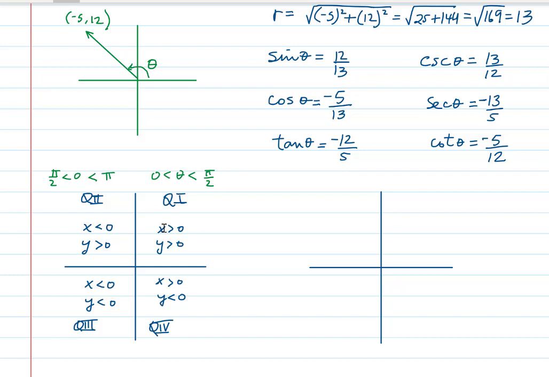Then we have from pi to 3 pi halves, and then 3 pi halves to 2 pi.